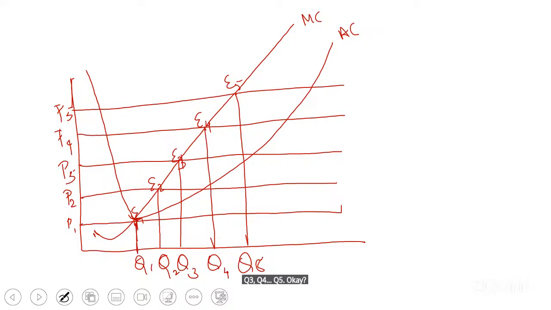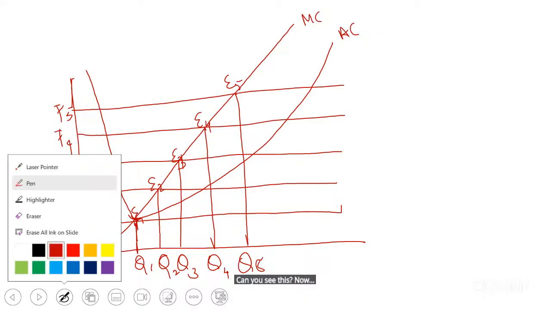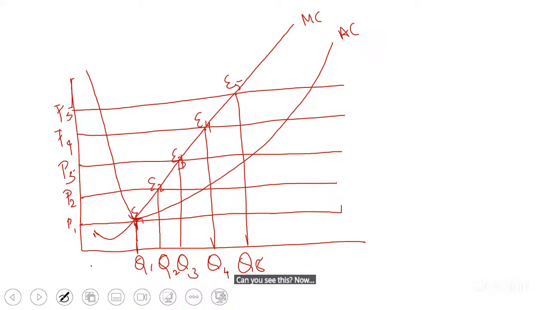Can you see this? Now, I want you to ignore other lines and only consider that which I am marking in dark blue.